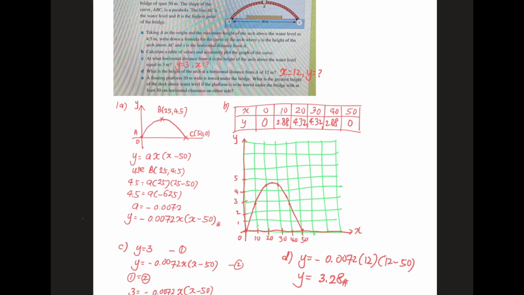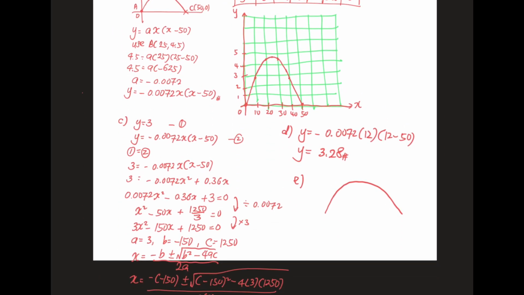Okay, so that means something like this. Part E. This is your graph, your bridge, and then your horizontal platform is 20 meter.